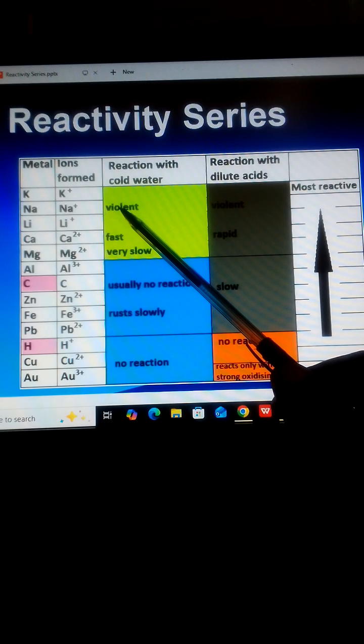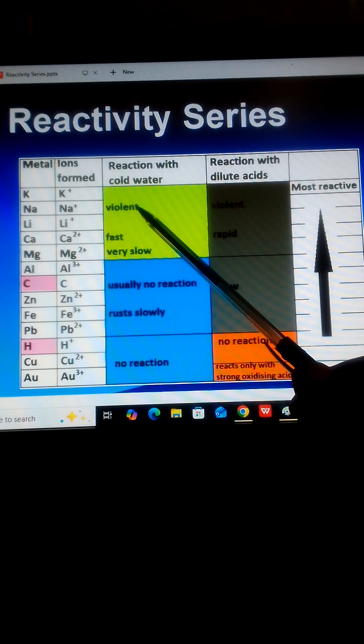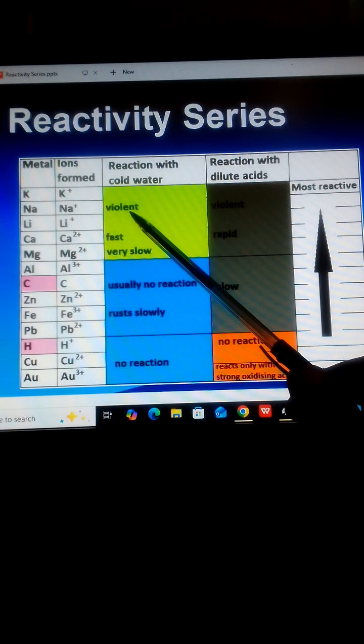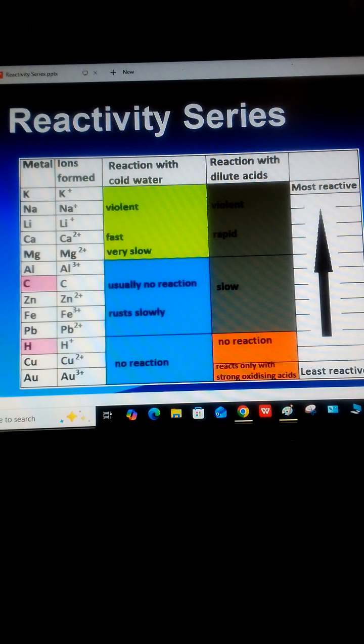If we put a piece of sodium over cold water, you'll experience a very violent reaction. So that's what we are saying here, that a metal that is more reactive, its reactions are more vigorous. We can see copper and gold, there's no reaction between them and water.